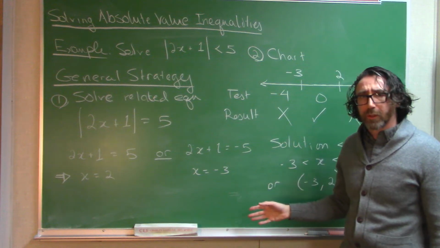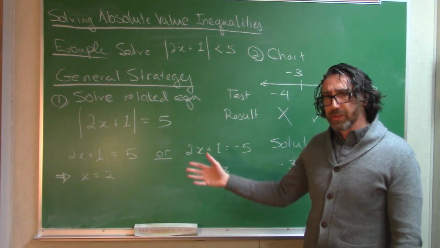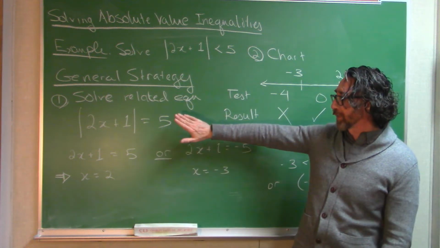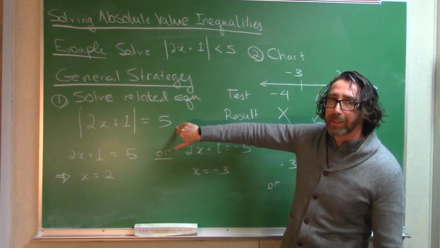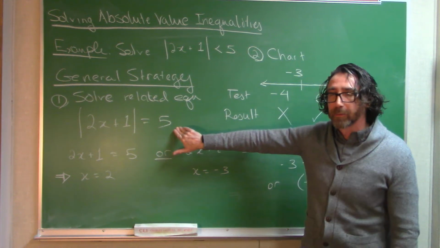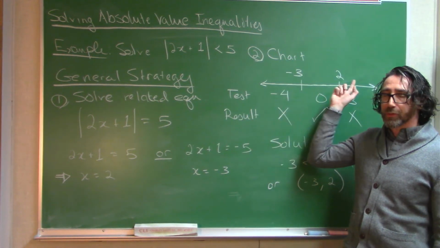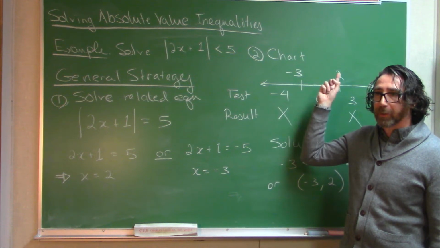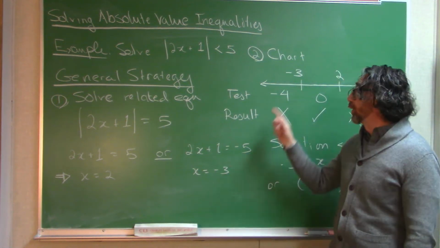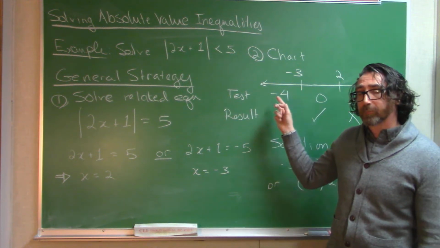So a very useful little tool here, this chart for helping us to solve inequalities. So the strategy is solve the related absolute value equation and then use those solutions to make your chart. You got to plot them in order. So remember, -3 is the smaller of the two, so that should be to the left.